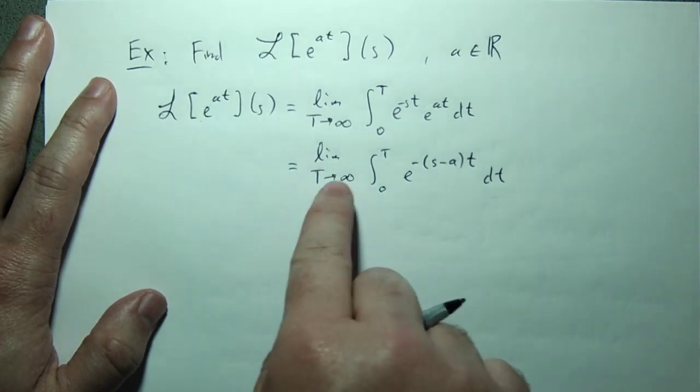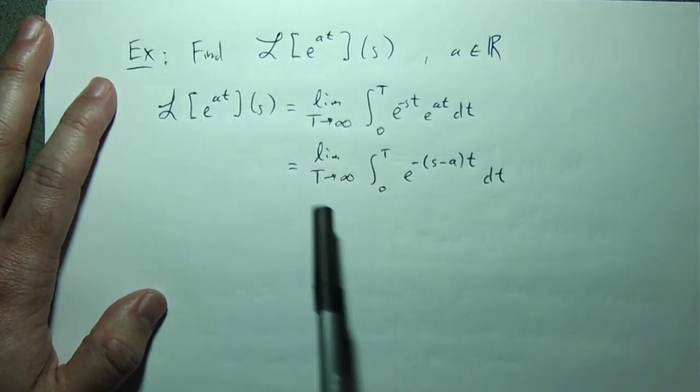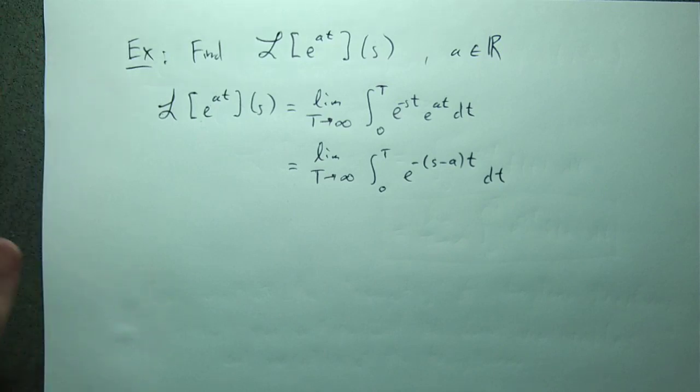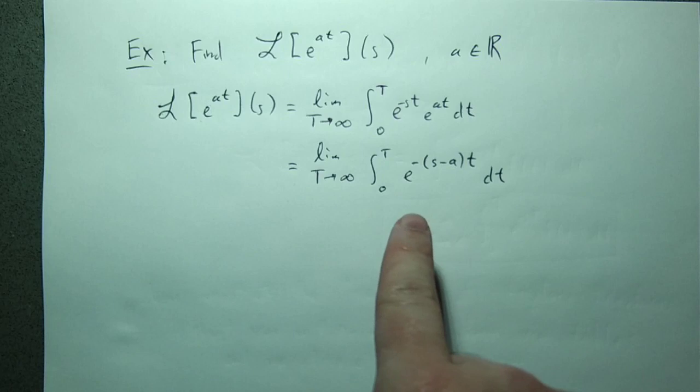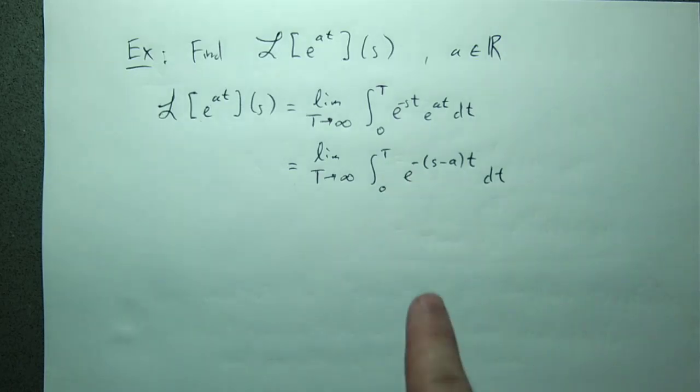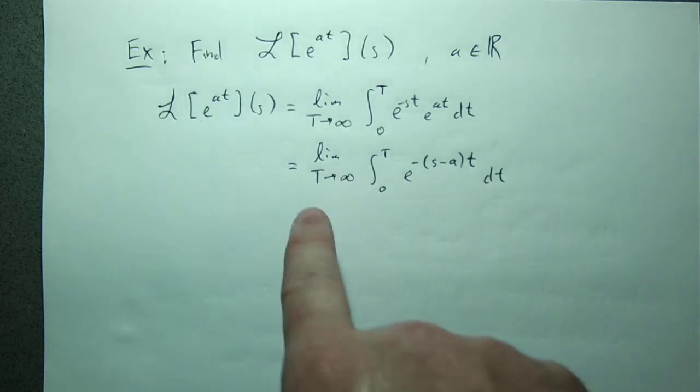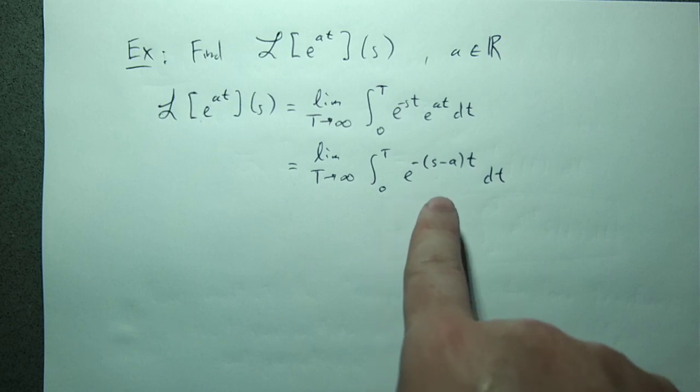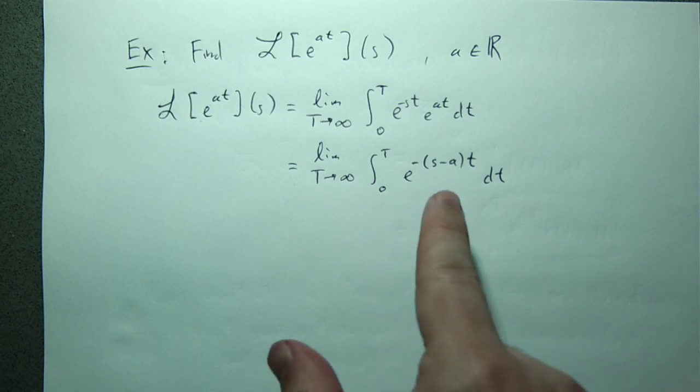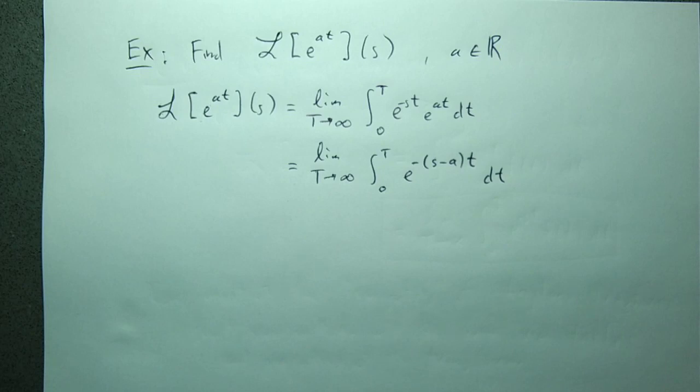Specifically, I know that I'm going to be taking this limit, and whether this converges is going to depend on something. If you're just thinking intuitively about what this means, it's very much going to depend on the sign of s minus a.